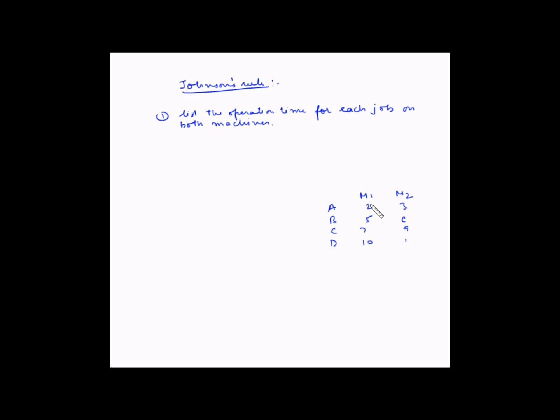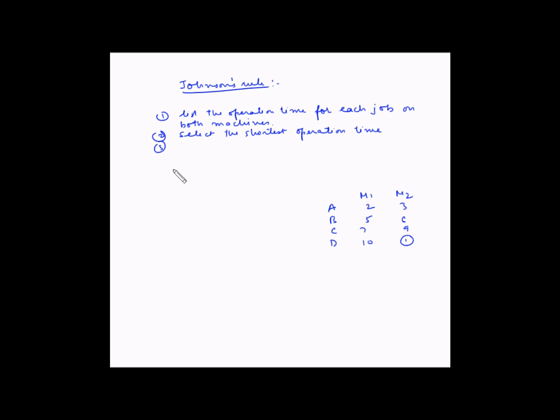So this is the operation time that is being mentioned in step number 1. Step number 2, select the shortest operation time. So in this case, suppose the shortest operation time is 1.